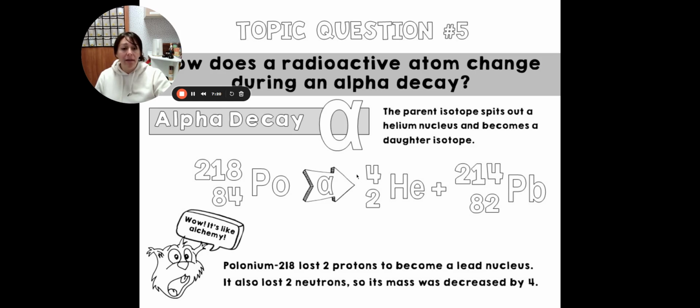Take a look at these mass numbers. In alpha decay, the masses will add up to whatever the parent atom was originally. Additionally, the proton values will add up to what it was originally. So overall, we don't have a change in mass and we don't have a change in protons. Everything is still conserved. It just went from something that was unstable to something that was more stable.